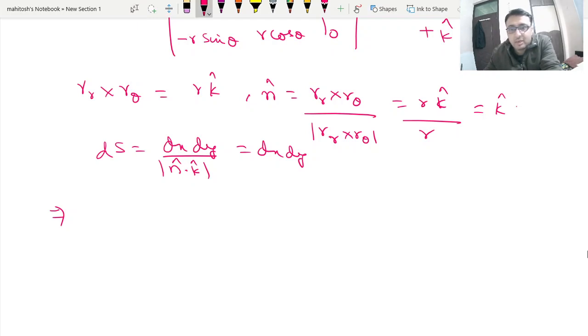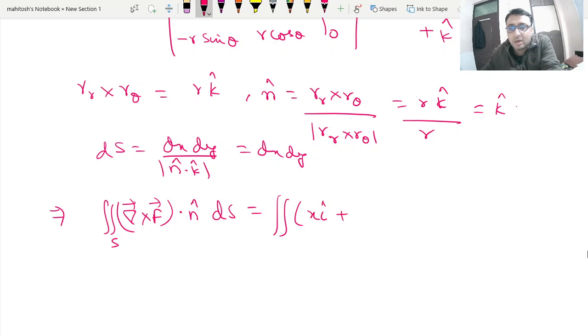So we will start with this. We'll put the values. Okay, and this is the surface. So this is how much? xi cap plus yj cap minus 2z k cap dot, what is your n cap?